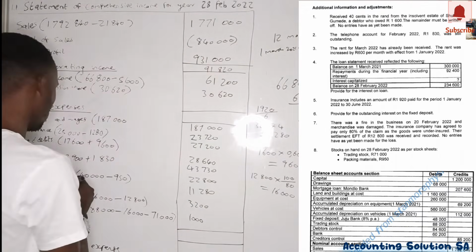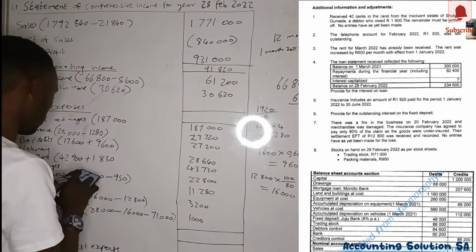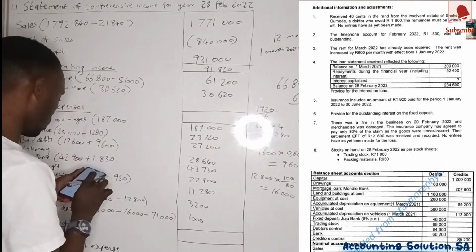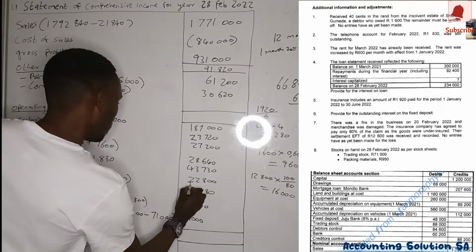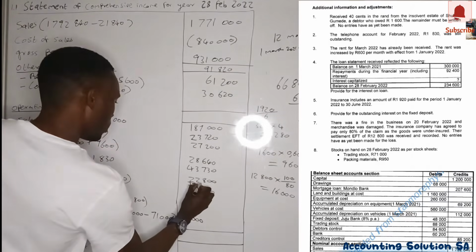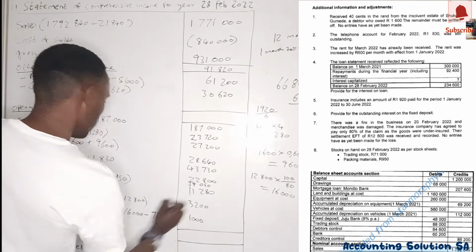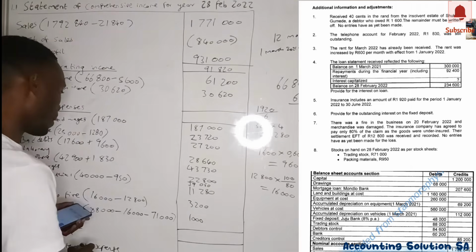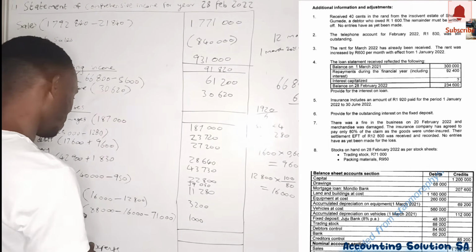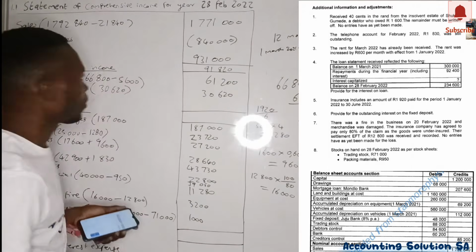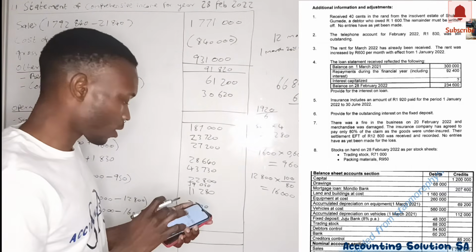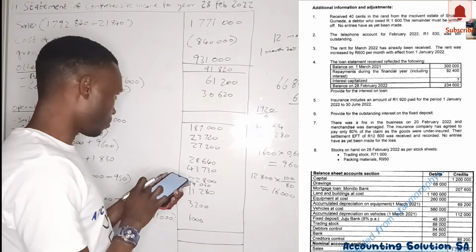Then another one, 40,000 minus 950 is going to give us 39,050. Then another one, this one we calculated and this one we calculated. Which means that now we can calculate our total expenses.